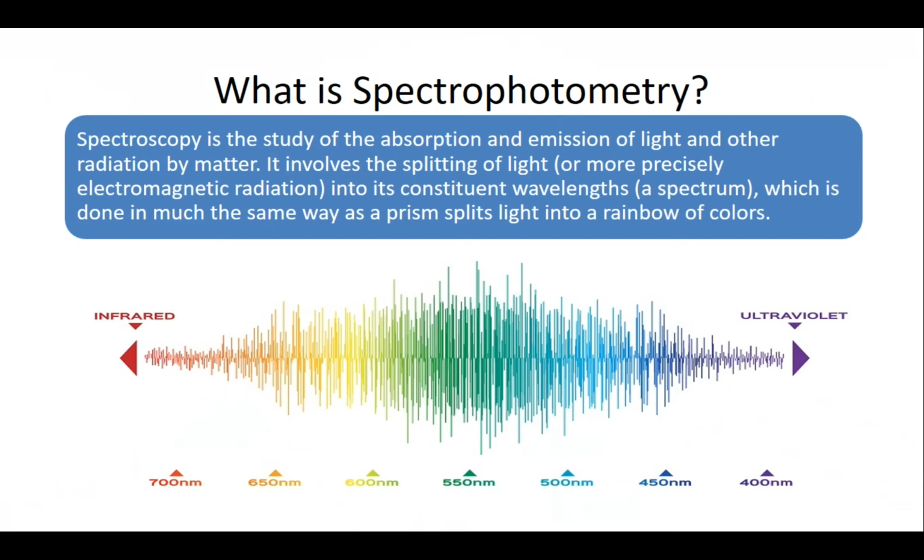So spectroscopy is the study of absorption or transmission of light or any other radiation by a chemical substance that absorbs light of a particular wavelength. It involves splitting light into a spectrum and its constituent wavelengths, then selecting a wavelength and seeing the absorption or transmission of that particular chemical substance. So this is spectrophotometry.